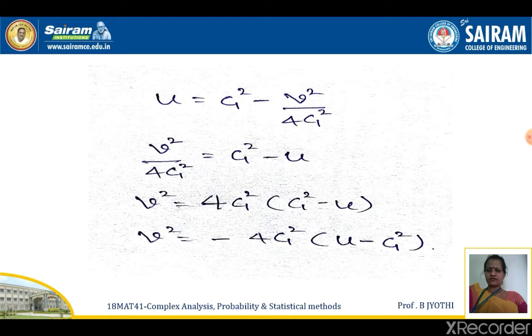That is, on cross multiplication, v squared will be 4C1 squared into (C1 squared minus u), or taking the minus sign common, we get 4C1 squared into (u minus C1 squared).